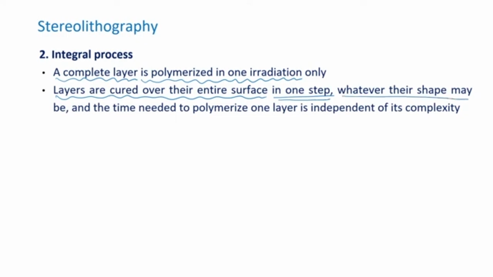So, whatever the shape may be, the entire shape gets polymerized in only one step, and the time needed to polymerize a layer is independent of its complexity. No matter how complex the 2D shape is, in one go the laser applies the UV light and the resin gets cured.